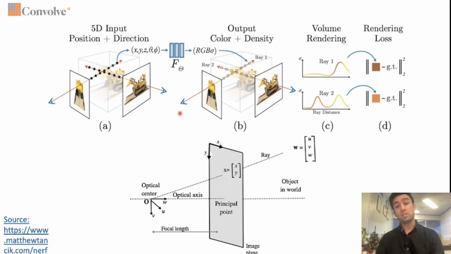So basically, for a camera image, the way a camera captures an image is, for every 3D point in the scene, light rays will fall on the optical center of the camera, right?